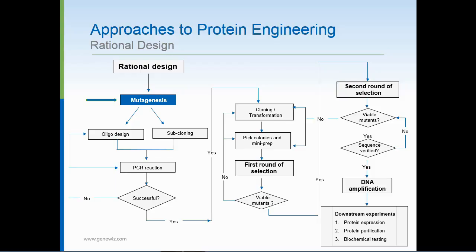Preparation for the mutagenesis step also requires some time and thought as to a painstaking oligo design approach, as well as setting up numerous PCR reactions. Subcloning is also oftentimes considered and completed.